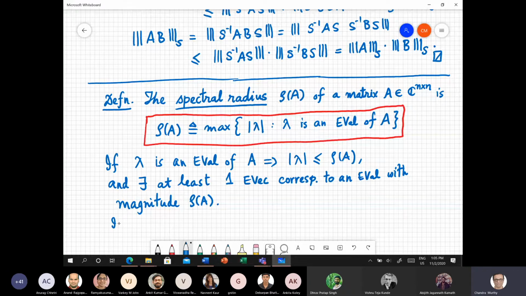Sir, based upon the definition you gave, will it be the interpretation that the spectral radius defines the capability of matrix A to give the maximum amplification to a vector x? That is correct. Okay, sir.